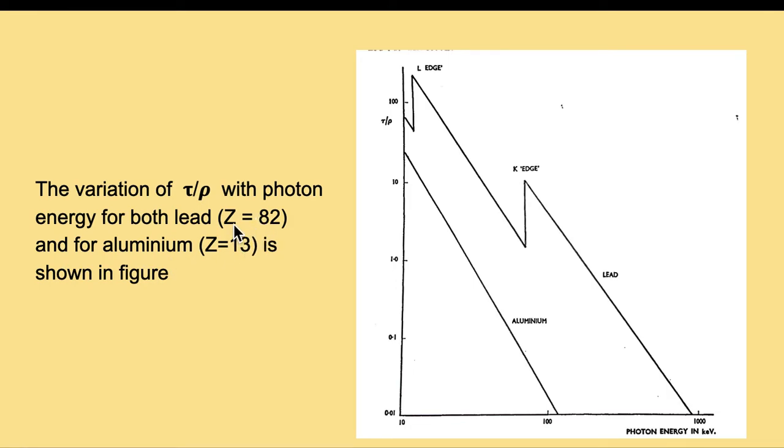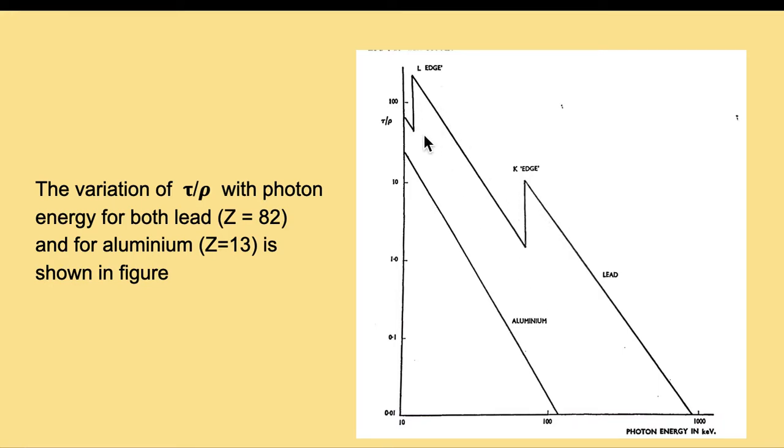You can see that lead has a high atomic number of 82 and aluminium a small atomic number of 13, and it is shown in the figure. As the photon energy increases, tau by rho also increases here, and for aluminium it is almost a straight line, and here you can see some peaks. You have marked them as L edge, K edge, etc., and we will explain them.